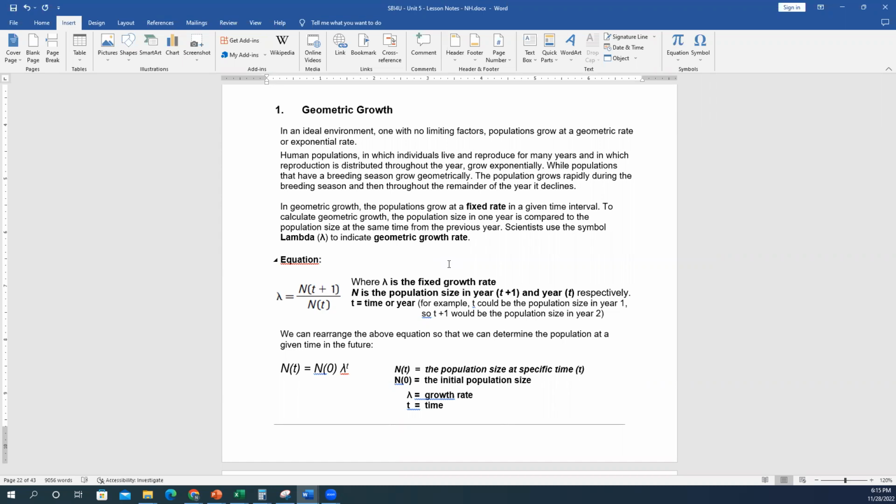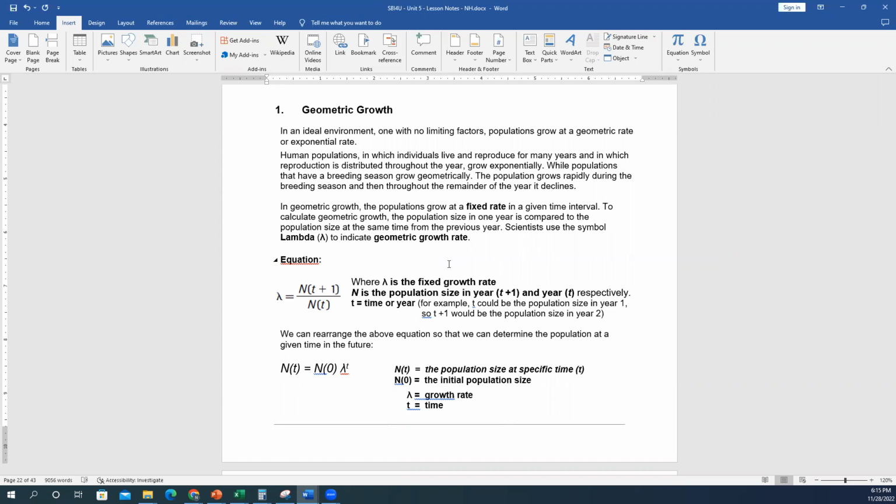In those types of populations where there's a breeding season, the population grows rapidly during the breeding season, and then during the remainder of the year, it declines. So during this breeding season, the population grows at a certain fixed rate within a given time interval.